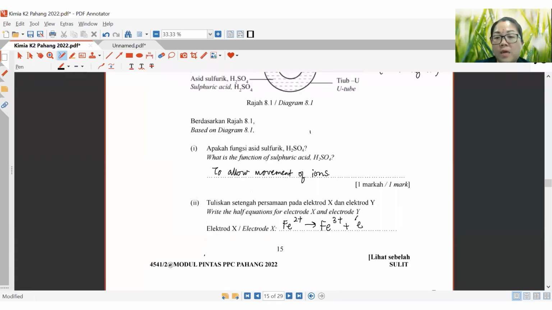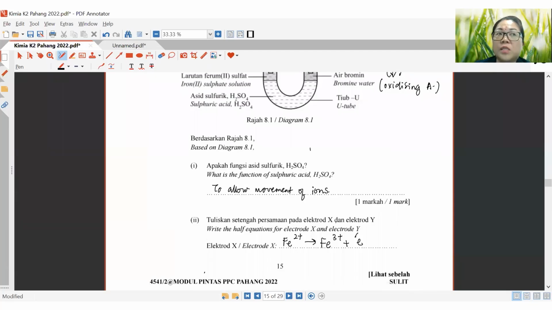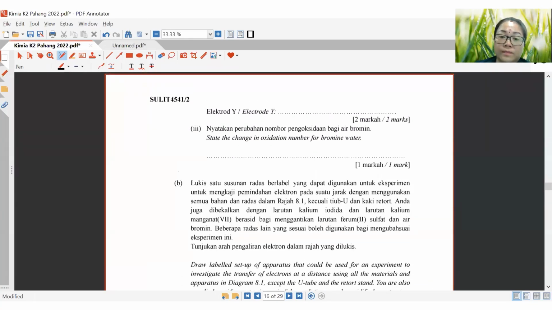The bromide ions are undergoing reduction. Reduction meaning it gains electron. You see, when you have identified it as early as possible from the diagram, without looking at the question first, when you come to answering questions, it becomes very simple for you.